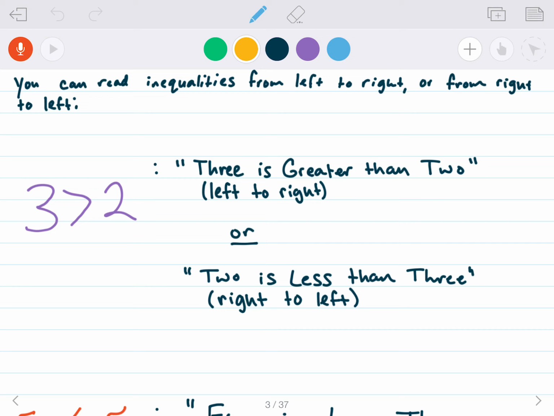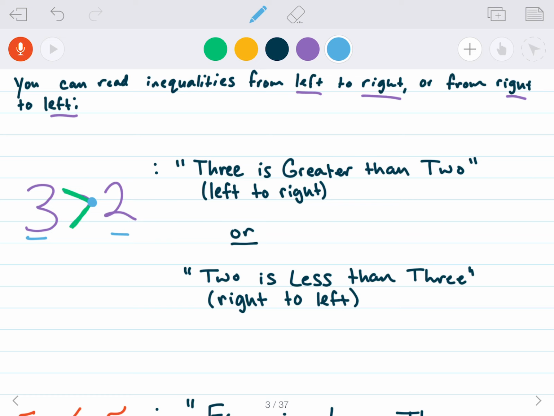It's important to know that in math you can read from left to right or from right to left. So, for example, this one can be said 2 different ways. The mouth is opening up towards the bigger number, but the point is facing the smaller number. If we read it from left to right, like we normally read things, we say 3 is greater than 2, because it's opening up towards 3.